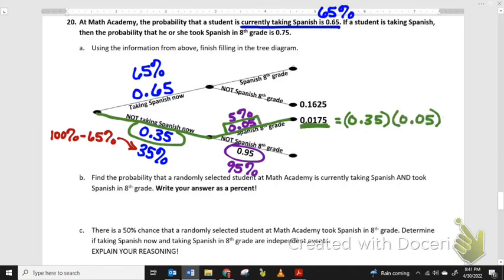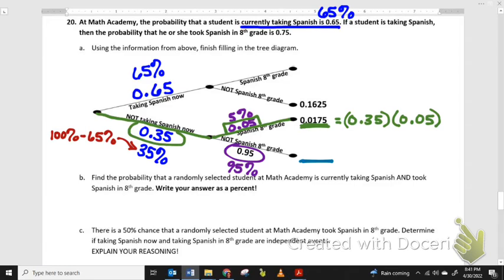Verify that on your calculator. .35 times 0.05, you should get 0.0175.